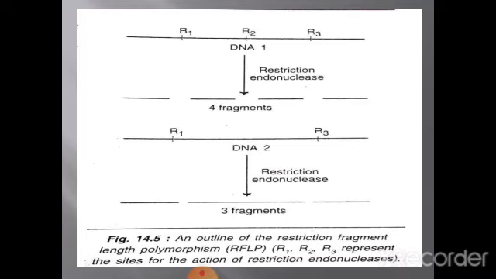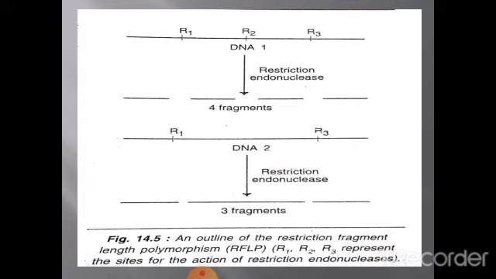When you cleave them with restriction endonucleases, you will get 4 fragments. I had already told you that you get n plus 1 number of fragments, where n is the number of restriction sites. Here there are 3 restriction sites, n is equal to 3, so n plus 1, you will get 4 fragments. This is the fate of DNA molecule 1 after restriction digestion.